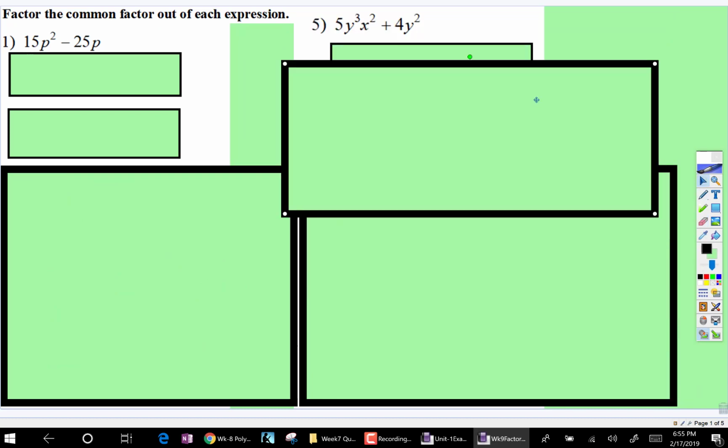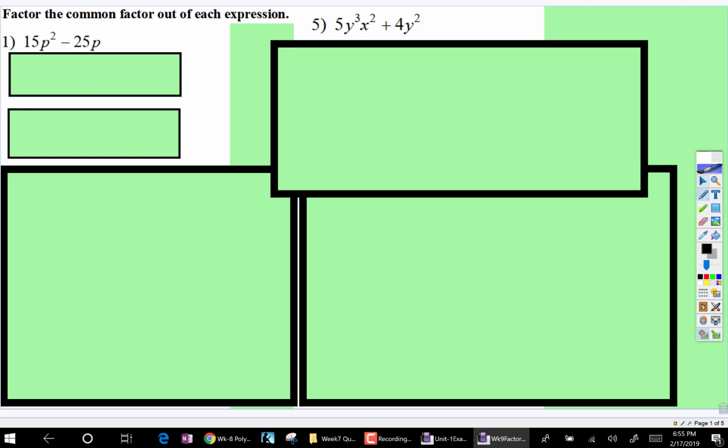So look at what we have here. Neither of these share a 5, but what they both have, so if we wrote that as 5, y cubed is y times y times y, x times x, plus 4, y times y, and notice what they have in common.